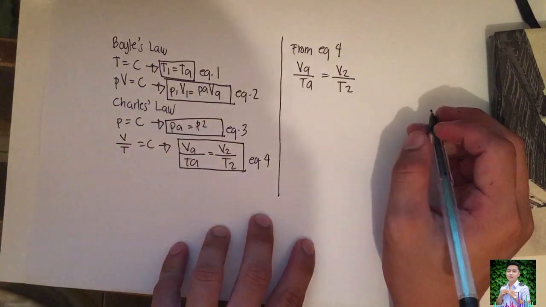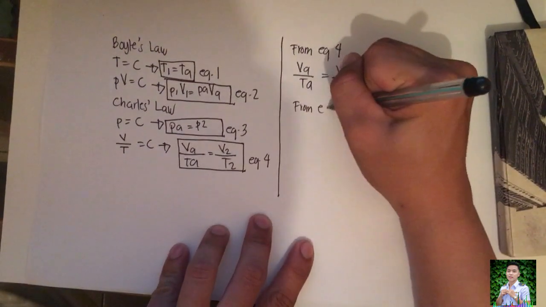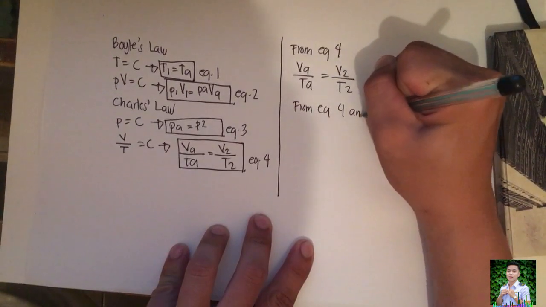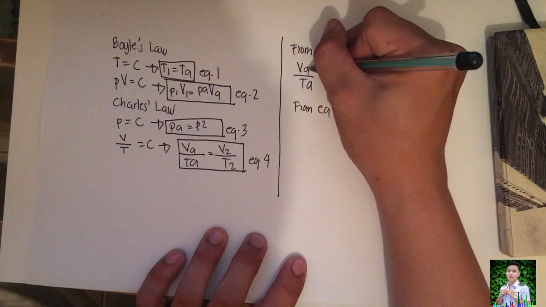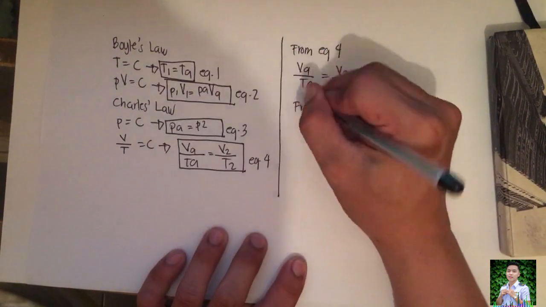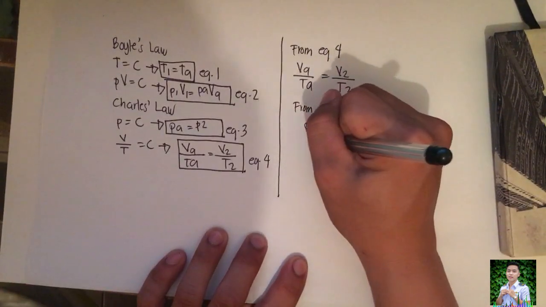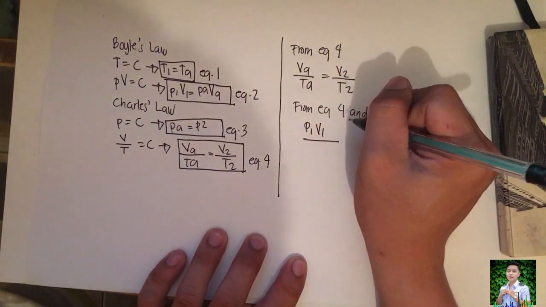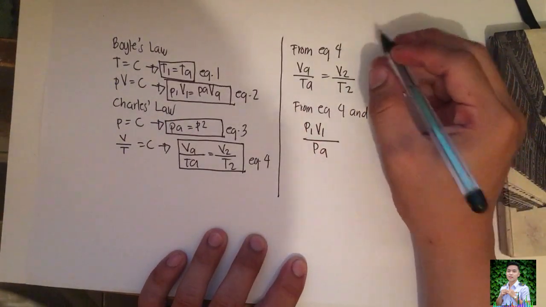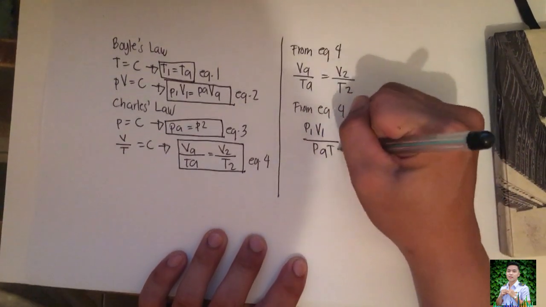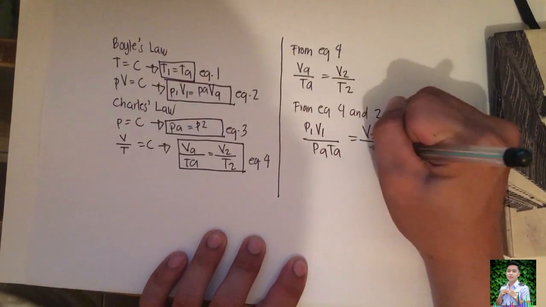So, ang mahitabo kay from equation 4 and 2, we have VA, which is P1 V1 over PA. And then over TA is equal to V2 over T2.